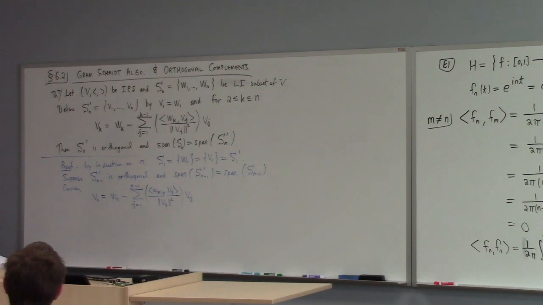Because then, if we can prove that it's orthogonal, the set Sn prime is orthogonal with n vectors, and it follows that n non-zero orthogonal vectors are linearly independent, right?